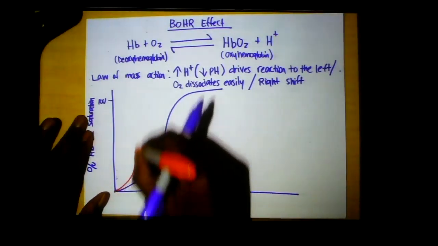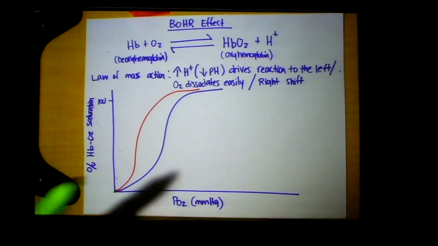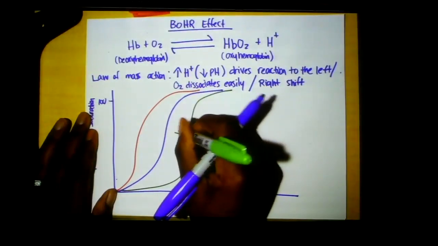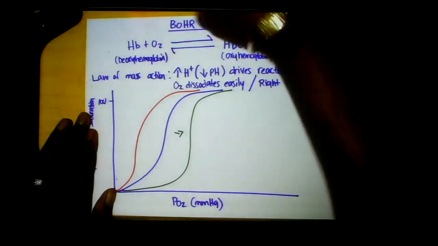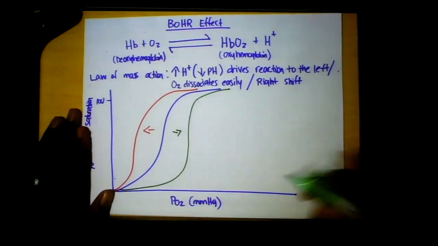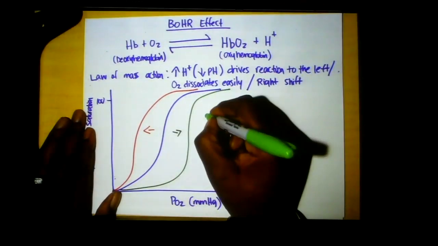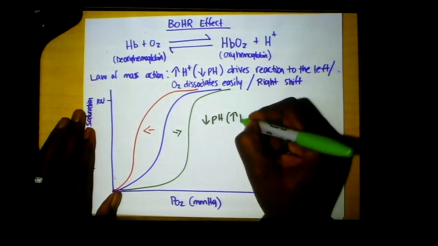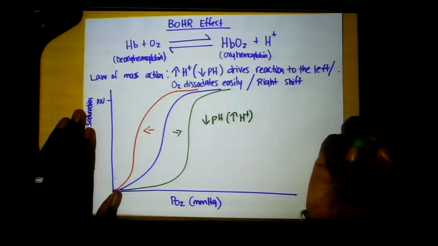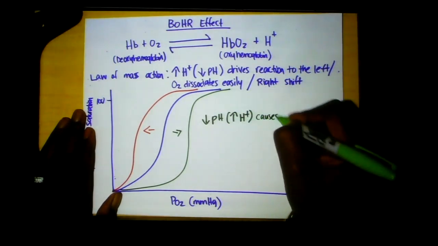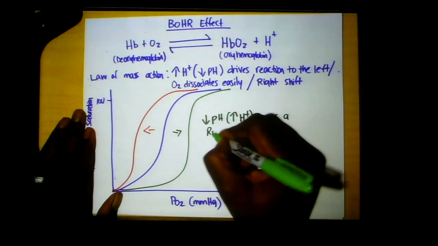Then we've got a shift to the left and a shift to the right. Okay, so what we're saying here is that at decreased pH or more acid, remember protons are acidic, so this is what I'm calling acid, these protons. This causes a right shift.